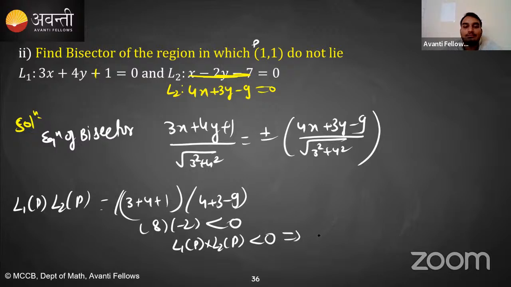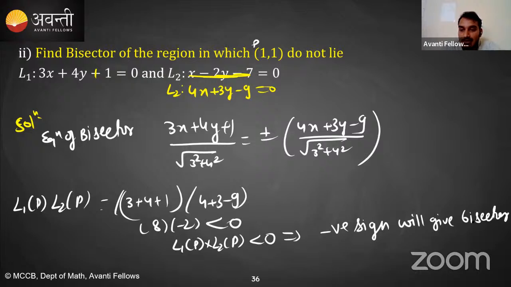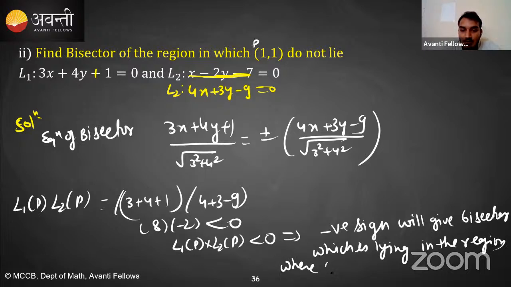It implies negative sign will give the bisector which is lying in the region where (1, 1) is present. Yes or no?